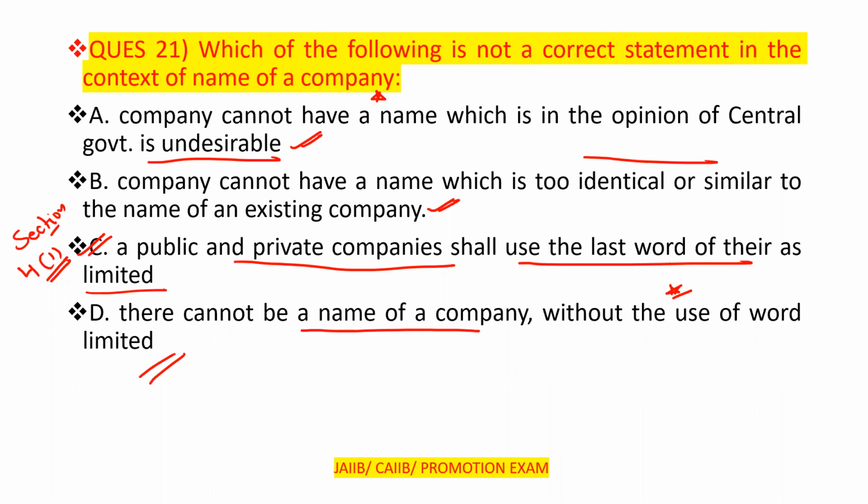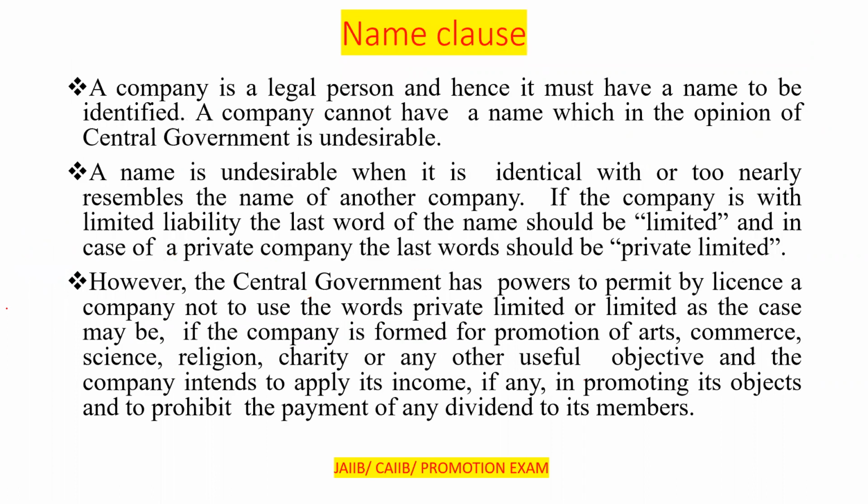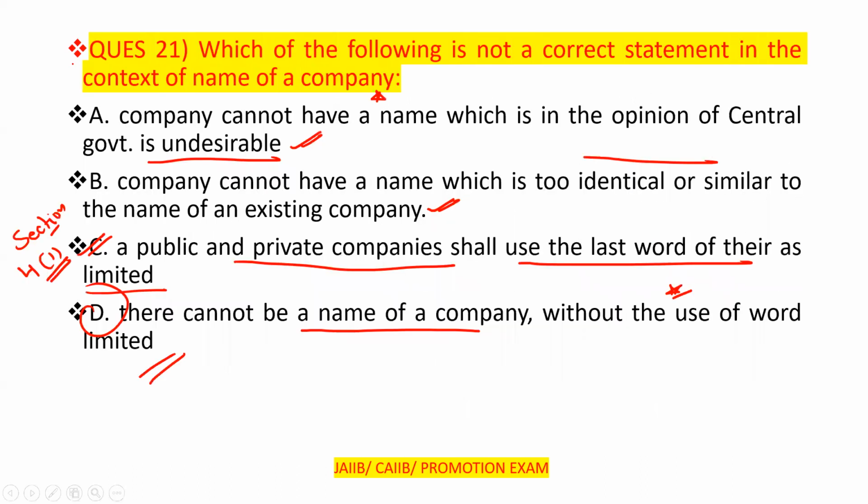So option D is the answer here, clear. Okay. So that is regarding the name clause, which we have discussed. We know that the correct answer here is option D.